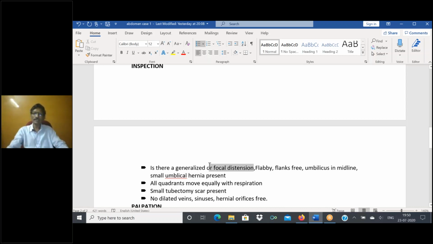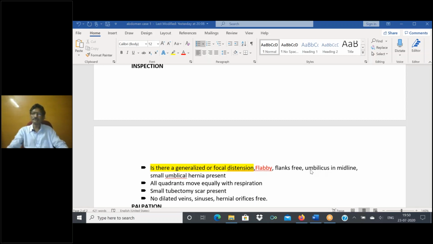So this is what you need to tell first. Okay. So is there a generalized or a focal distension? So this can be removed. Flabby is not a standard description we use, so we'll remove that. Okay, flanks are free. So this should be mentioned because distended flanks could indicate ascites, but even fat can produce distended flanks.